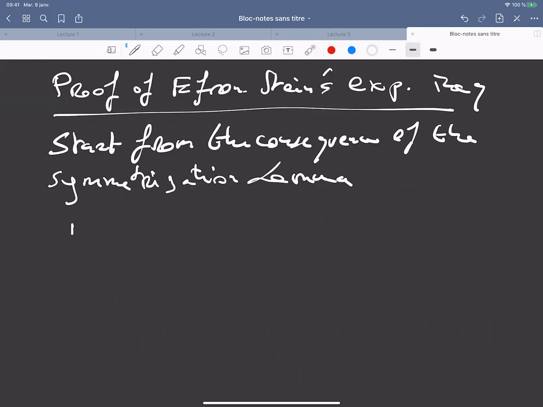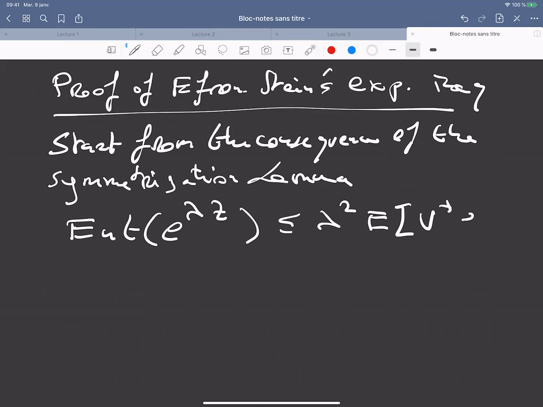That is, we start from entropy of exponential lambda z less than lambda square expectation of v plus exponential lambda z, for non-negative values of lambda. This comes from the symmetrization lemma, just because we stay on the right, on the gentle side of the function rho.